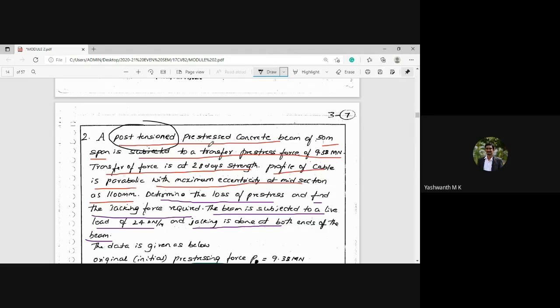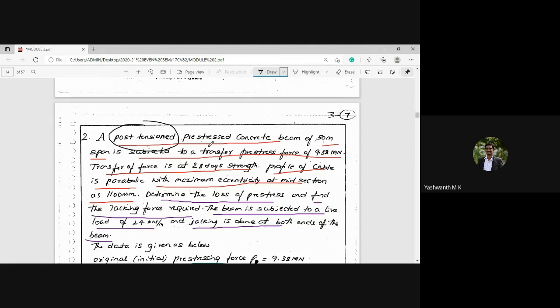Those two more losses are loss of pre-stress due to friction and loss of pre-stress due to anchorage slip. So these two additional losses will be encountered in the case of a post-tension pre-stressed concrete beam.